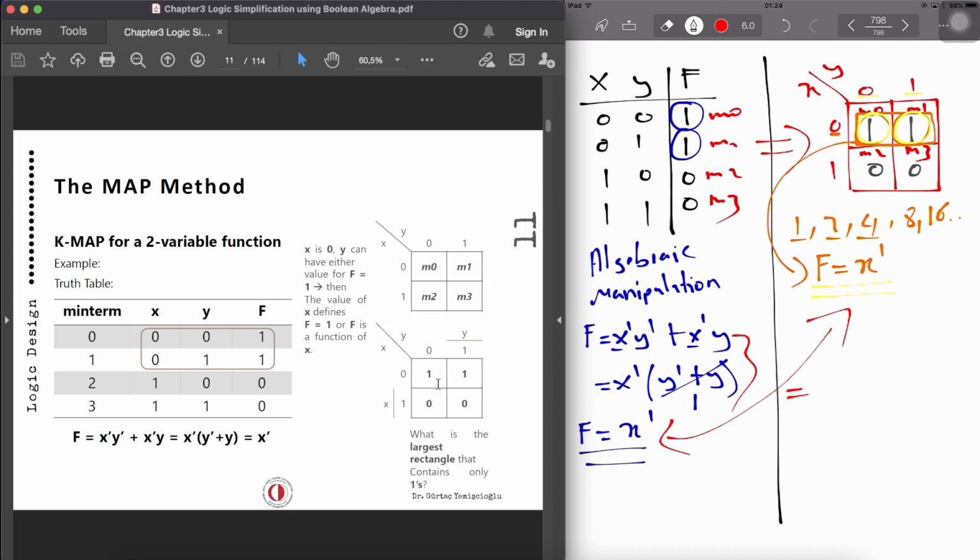When we have more, I'll show you how this is done. So we combine those. This is x prime, where it is not changing, but y is changing from 0 to 1, 1 to 0 when you do the combination. So I just write x prime. Now, that means f is equal to x prime, and it does not depend on y.